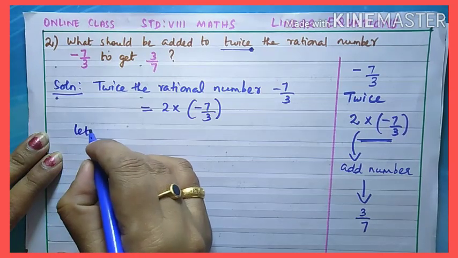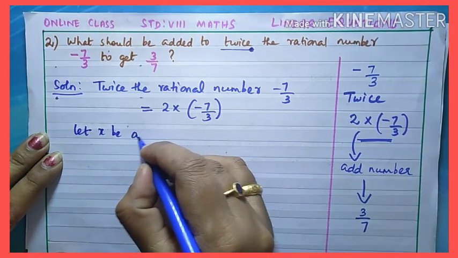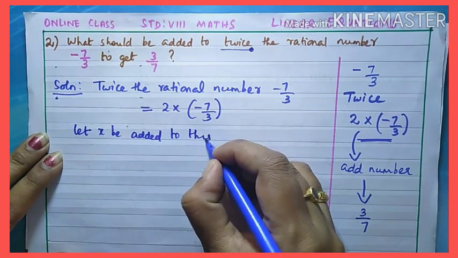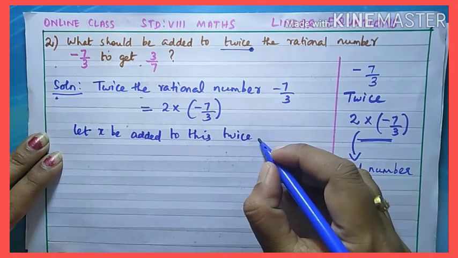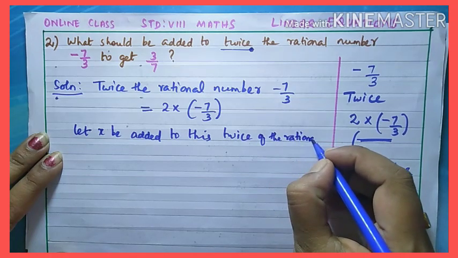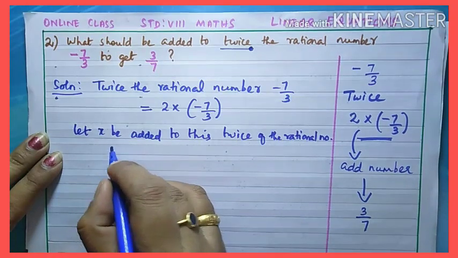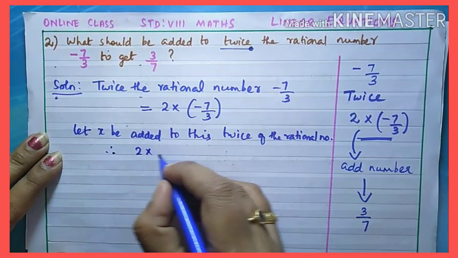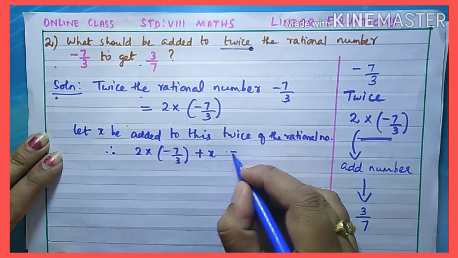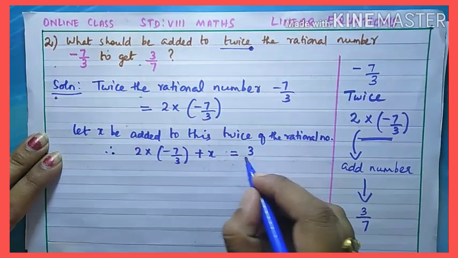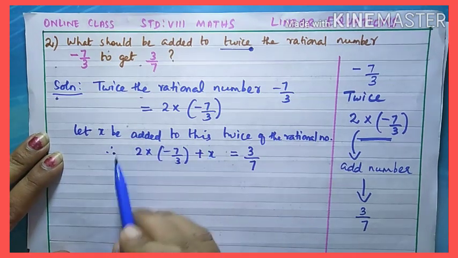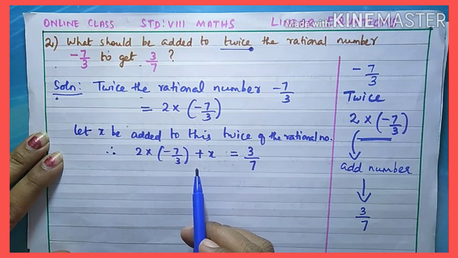So I am writing, let x be added to this twice of the rational number. That means we are going to add x. So therefore what happens? This twice of minus 7 by 3 is added to x to get what number? To get 3 by 7. Now you see, this is a linear equation in one variable x, remaining numbers are there, so we want to find out x.